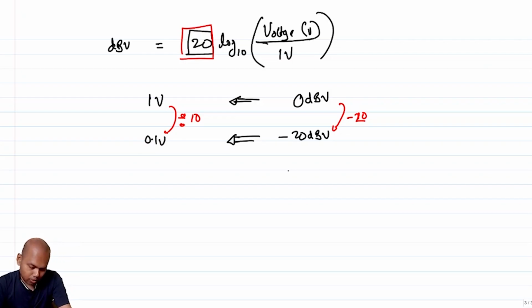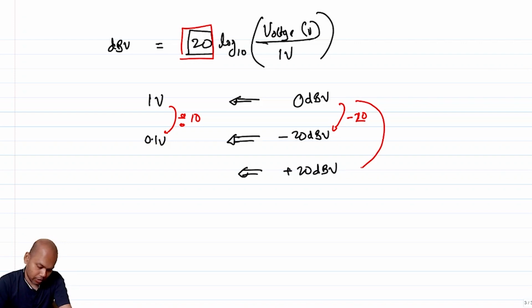Similarly, if you go to plus 20 dBV, with respect to this you have gone plus 20, so you get multiplied by 10, that is 10 volt, and so on.